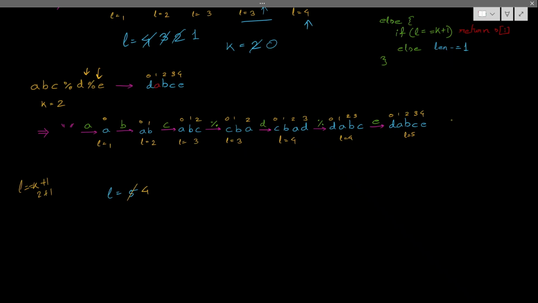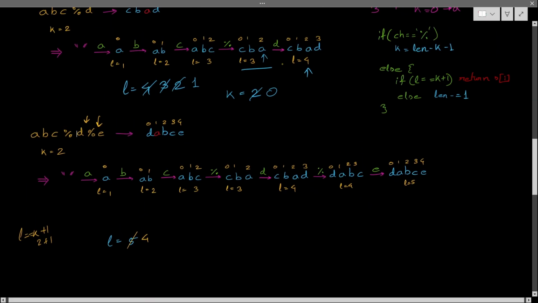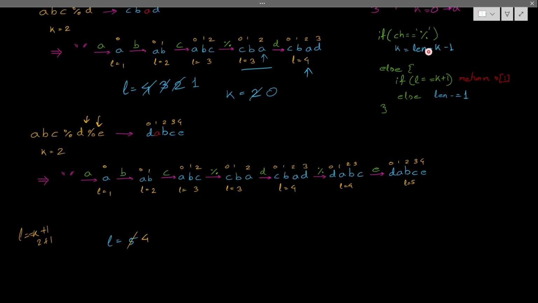Modulo means what? As I told you, whenever I get modulo, it will change the k, because we have to find out from where this k originated. This k is right now nothing. See here, this is done before e. So I was looking for 2 plus 1, k equals 2. This is the place I want to find.